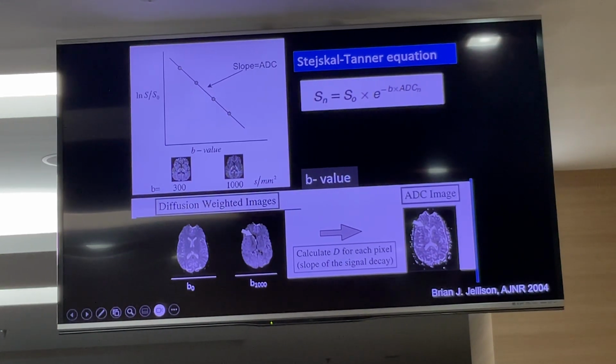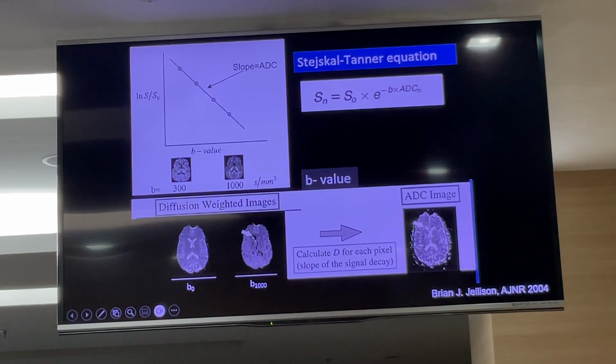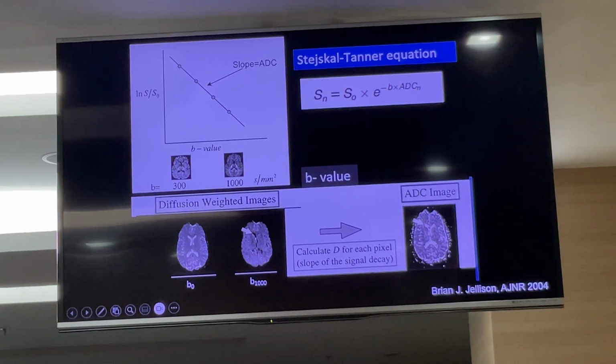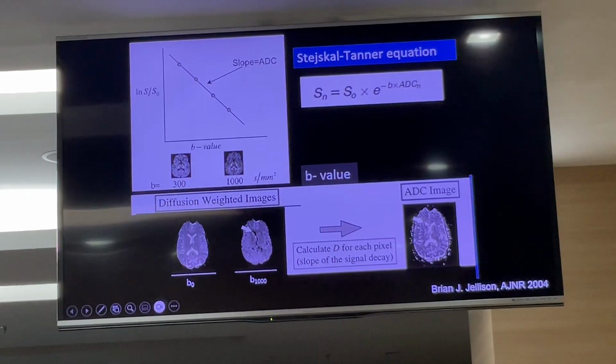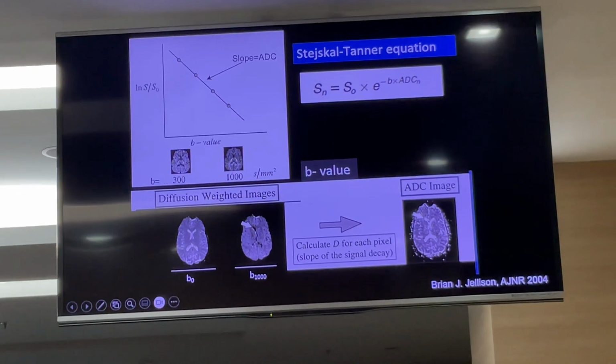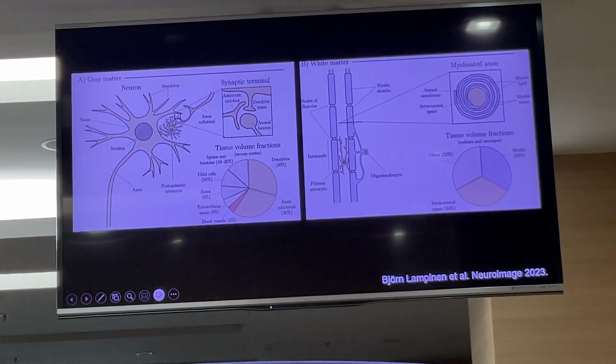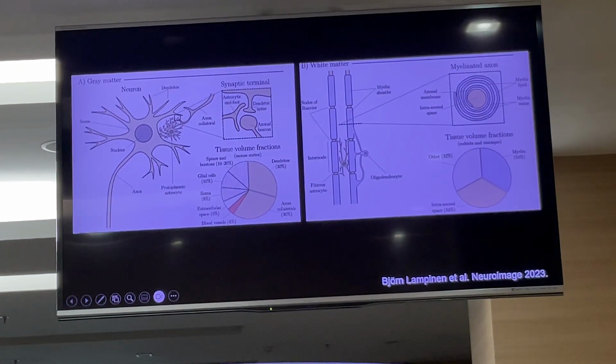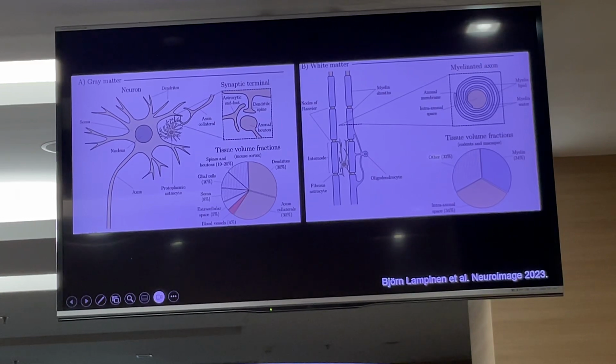In clinic, we normally use about 1K, or sometimes 800, to calculate the ADC and also the DWI image. Most diffusion imaging in clinic nicely demonstrates white matter pathology.